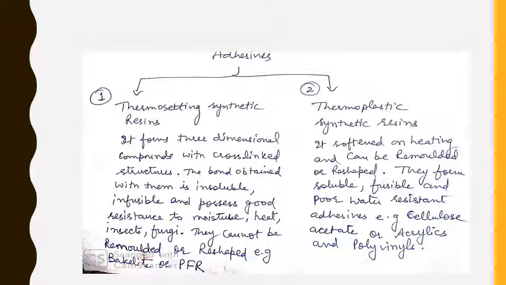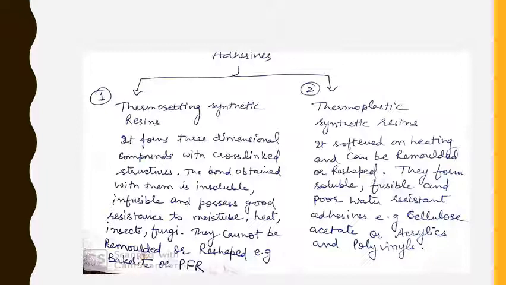What are thermosetting synthetic resins? They form three-dimensional compounds with a cross-linked structure, and they cannot be reshaped or remolded. So the bond obtained with them is insoluble, infusible, and possesses good resistance to moisture, heat, insects, and fungi.